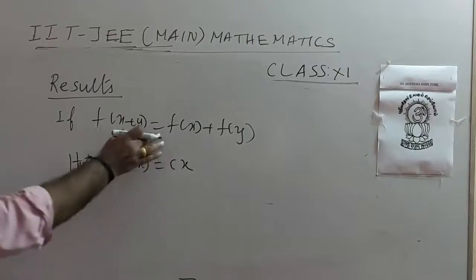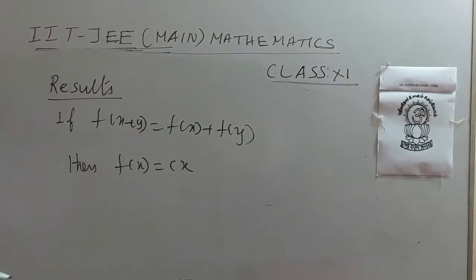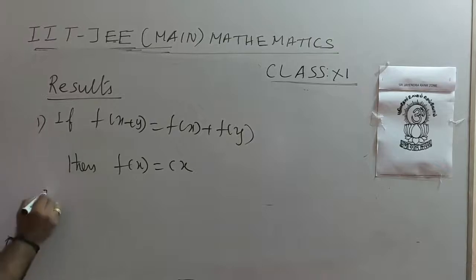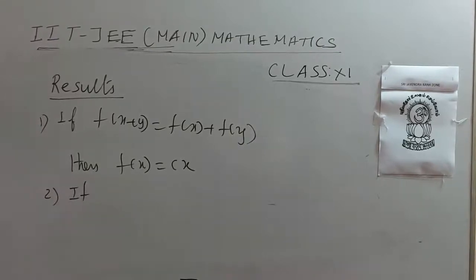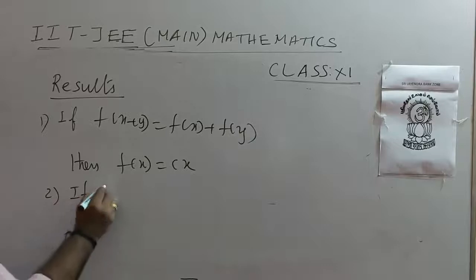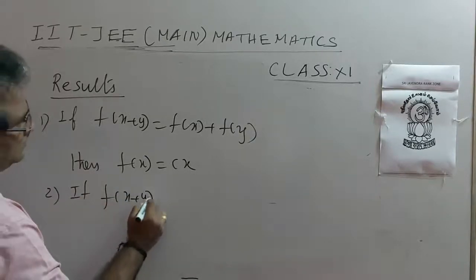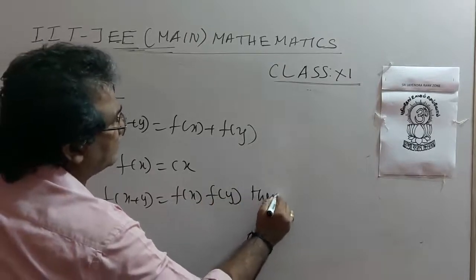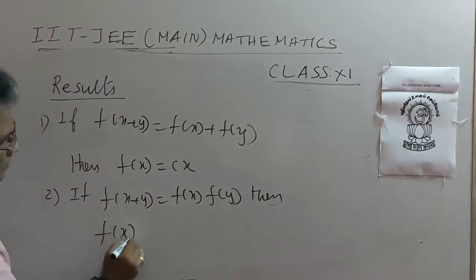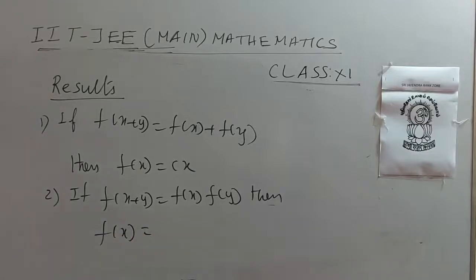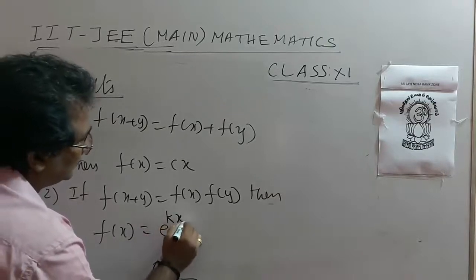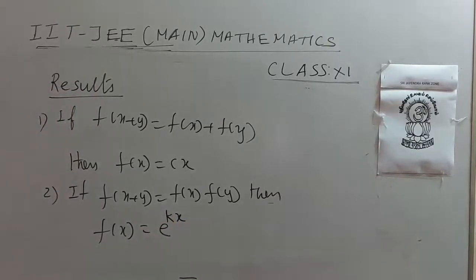So the solution of this equation is f of x equal to cx. That can be derived, but it is better to remember these results. If f of x plus y equal to f of x into f of y, then f of x equal to e power kx.